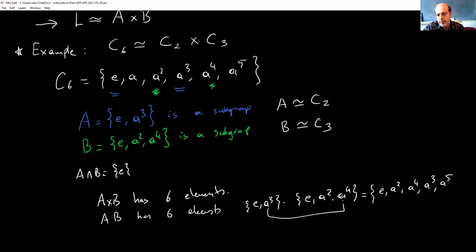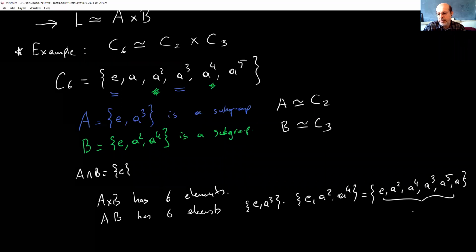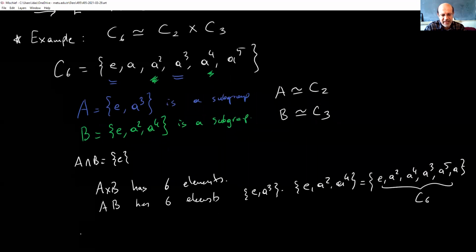And so A cube multiplied with A to the 4 will give me A. Okay, so you can basically get all of the elements within the group. And so therefore, this basically shows that A cross B as a group is isomorphic to C6.